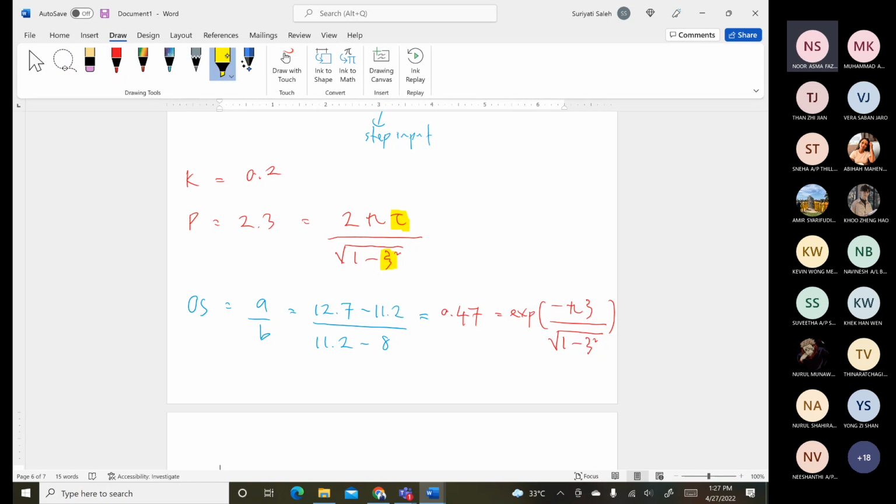Based on this, we have the value of 0.47. We know the value of pi, 3.143, a fixed value. Then in this equation, we only have one unknown, which is the damping. So we can solve the value of the damping coefficient. Please use your calculator to find the value of the damping which contributes to the overshoot of 0.47.